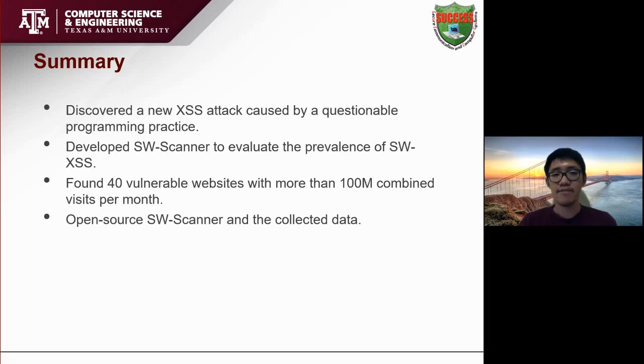Second, we develop a service worker scanning tool called SW Scanner to evaluate this problem in real-world websites. We found 40 websites are vulnerable, which include popular websites that have more than 100 million combined visitors per month. We open sourced our tool and collected data to help the research community of this domain.